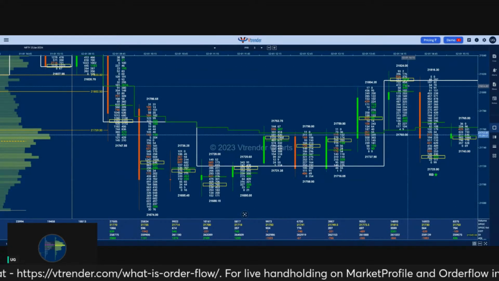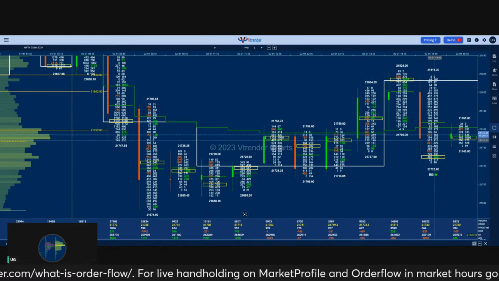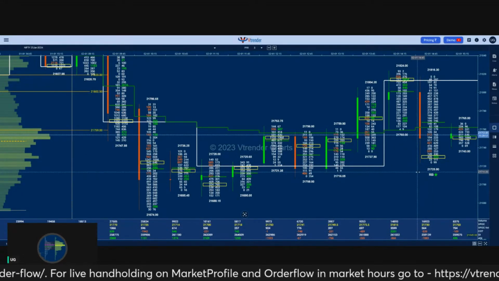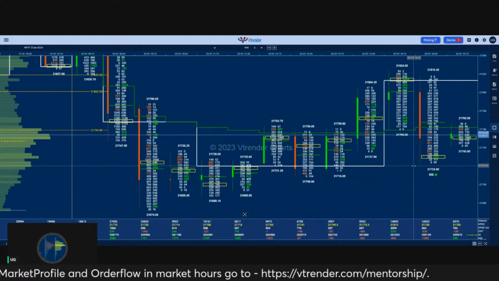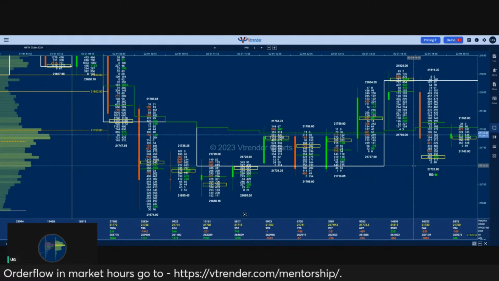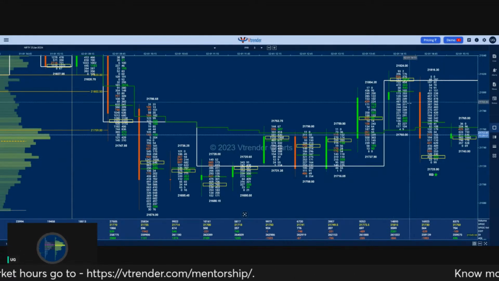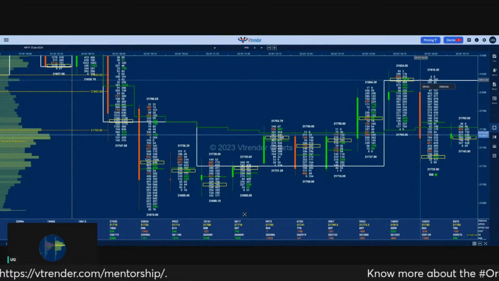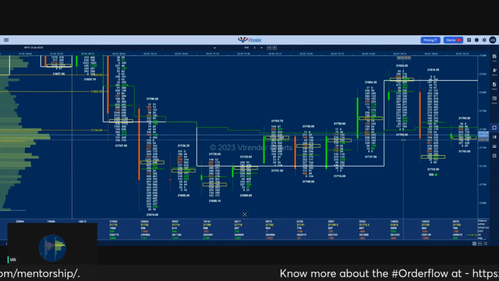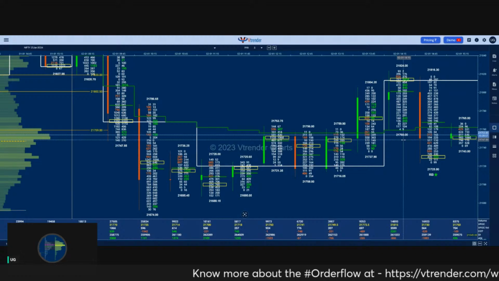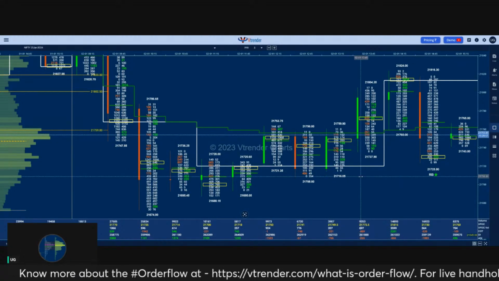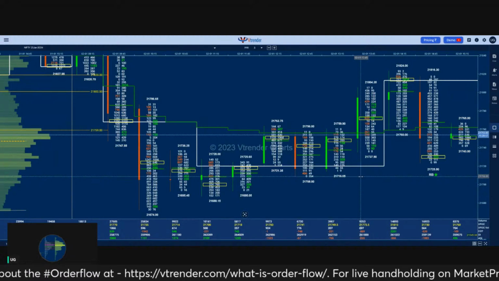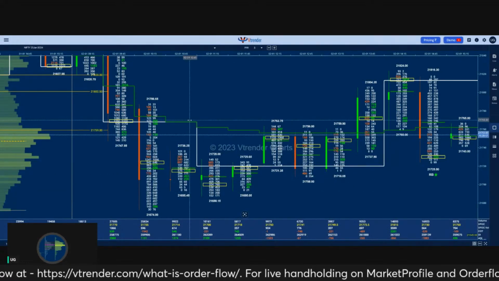So after this RS we again came down lower and we tested the POC which had shifted to 21720 in the afternoon, but because of the 3000 contract it went back to the 21815 level. So all in all, this is how we read the order flow on 30 minutes and see what opportunities are there. And for execution, we use the 3-minute order flow chart.